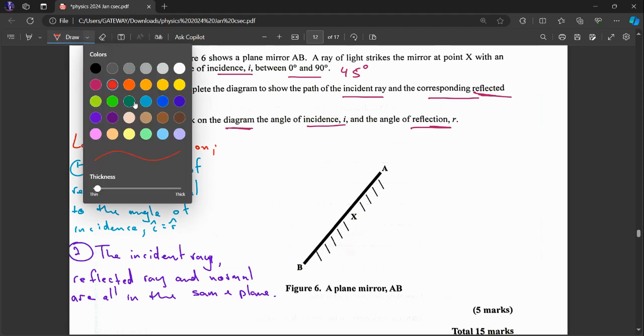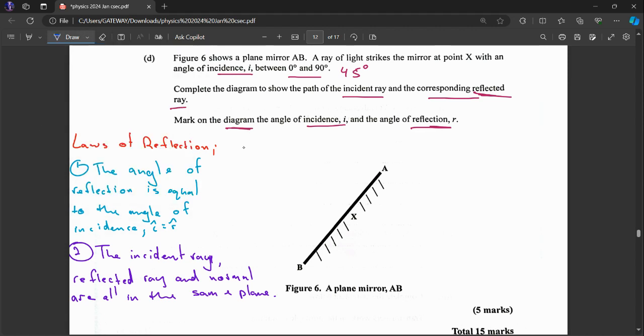Verifying the first law. So first thing first, you have to draw the normal, which they will be looking for. That should be going through point X, because that's the point at which the incident ray strikes. The incident ray is supposed to be a straight line, but I don't have a ruler to draw that. So you have your angle of incidence. What I did is I put this to be my angle of incidence. This has to be less than 90 degrees.